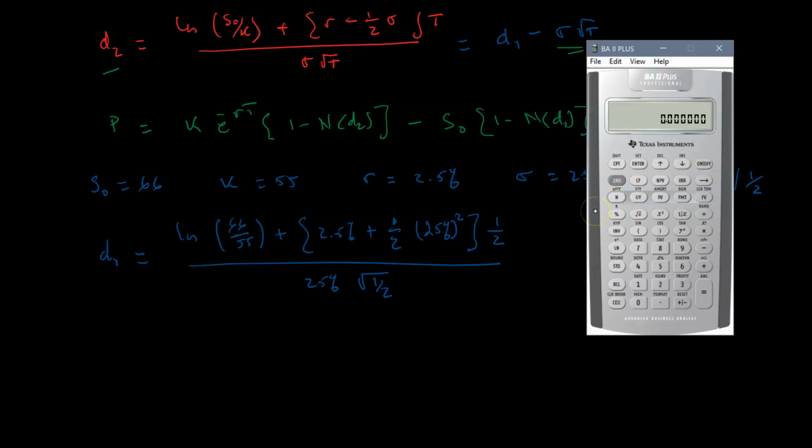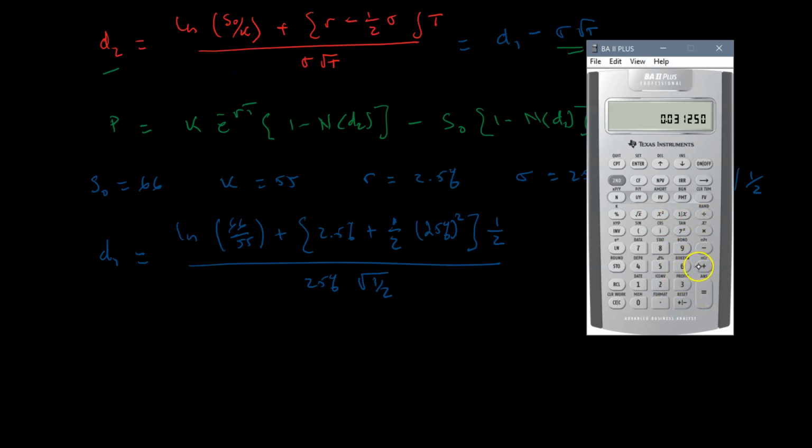I'm gonna do the math backwards the way I would normally do. So I'm going to do the denominator first, and so I'm going to do 1/2 is 0.5. I'm going to take the square root of that, and I'm going to multiply that by 25%, which is 0.25, equal. So that gives me my denominator. So I'm going to store that 0. And I'm going to do the first part of my numerator, which is 0.25 squared, that I'm going to divide by 2, equal.